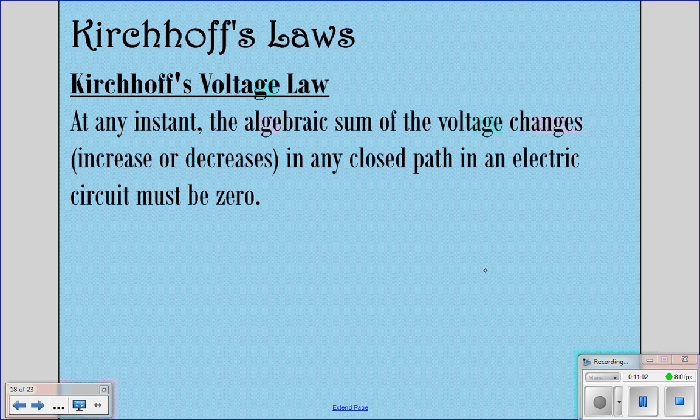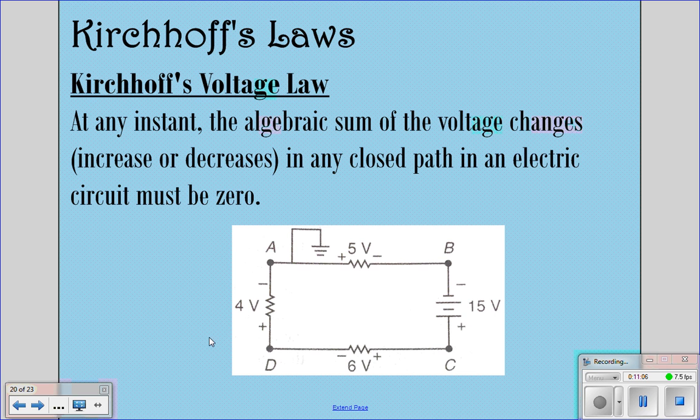Okay, so they give us a picture. Here it is. And for any closed path, we've got a closed path here on our picture, and we know that the sum of the voltage changes must equal 0.